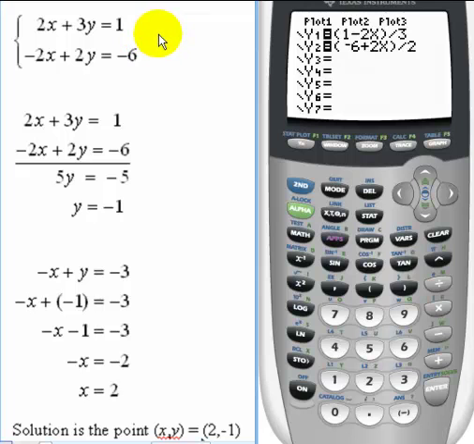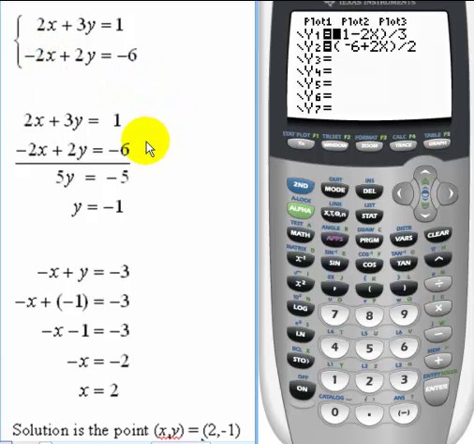A couple techniques in which I can do that analytically by hand: one of them is the substitution method, the other one is the addition method, and that's the method that I'm going to use. What I'm approaching here is the idea that if I add these two equations together, the x's will cancel out, or in other words add to 0, and I will be able to solve for y.